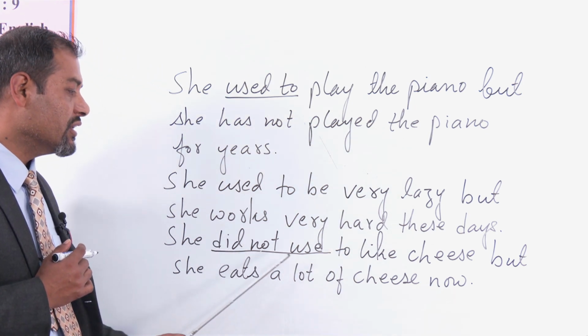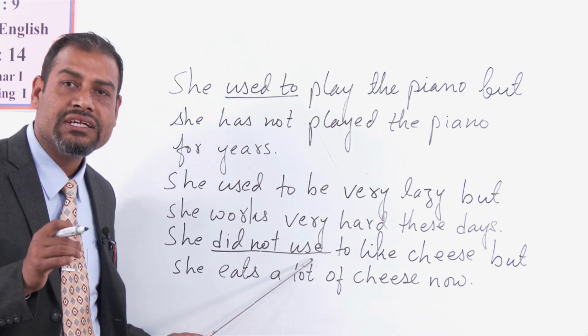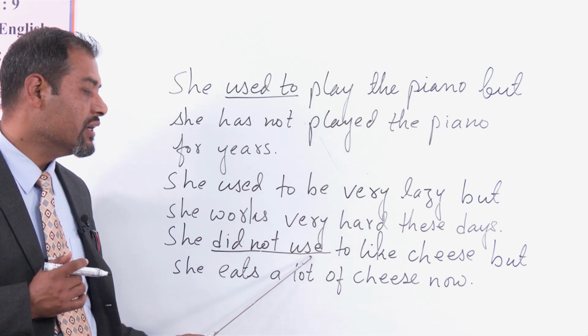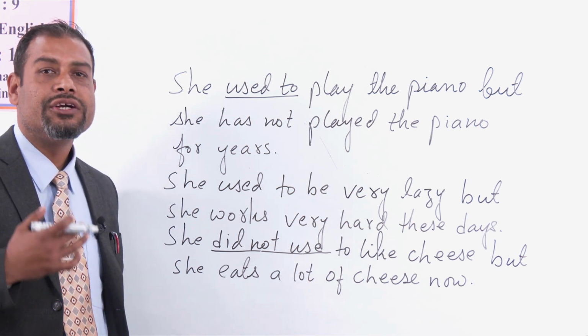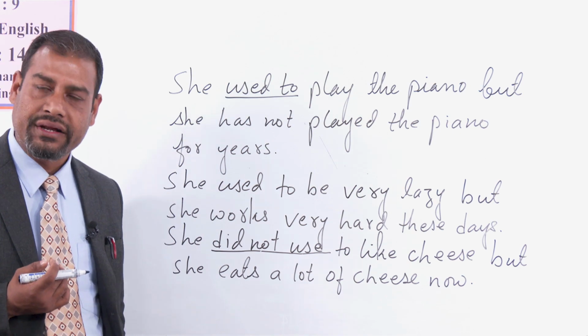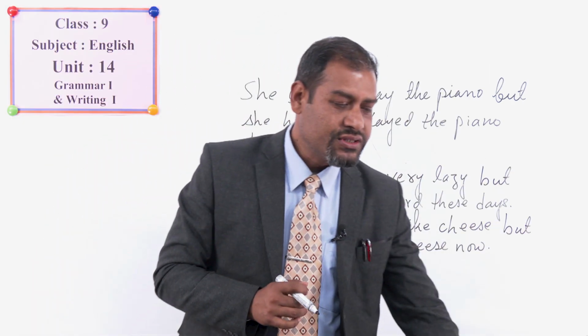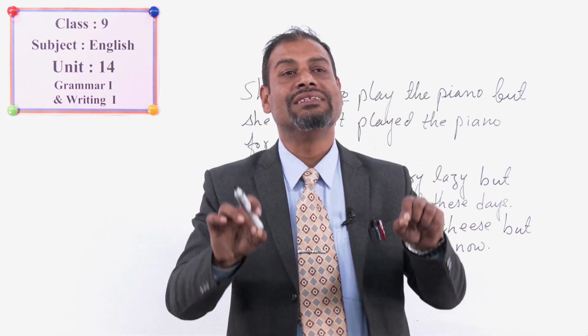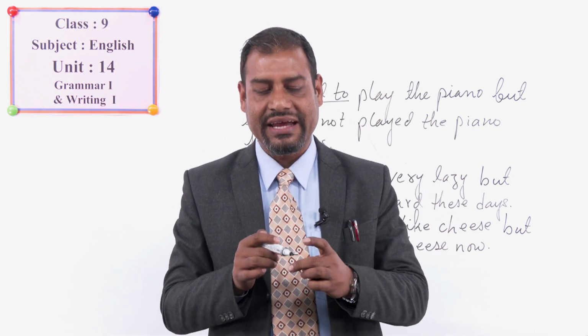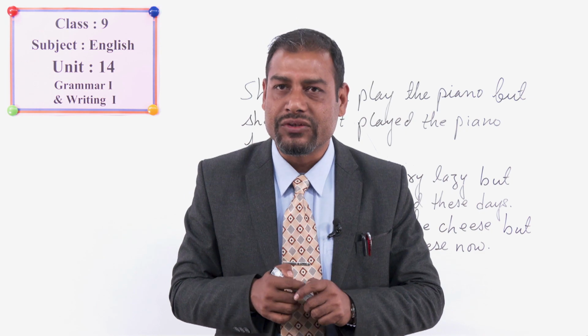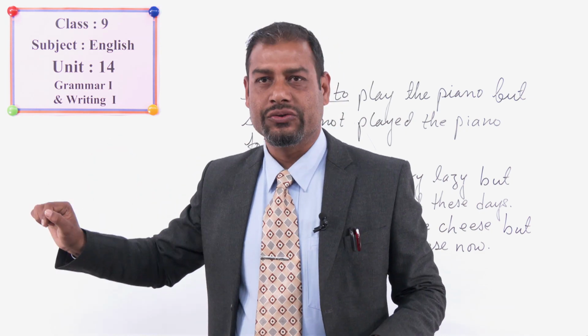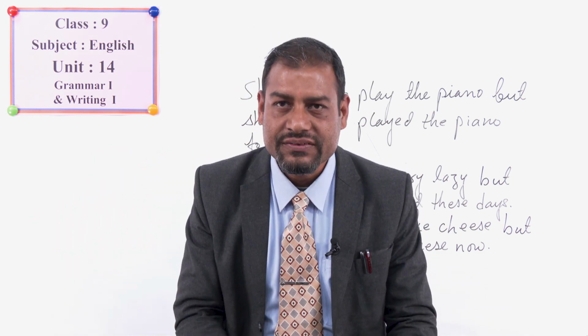After did not, you have to write down only the infinitive form, base form of the verb, USE only, not U-S-E-D, used to, okay? Is this clear to you? Good. And dear students, don't forget, if anyone did not do anything in the past at all, at that time you have to use never used to. Is the idea clear to you?